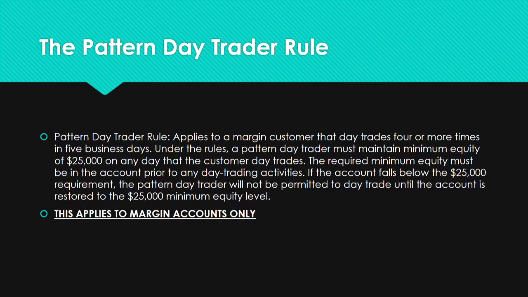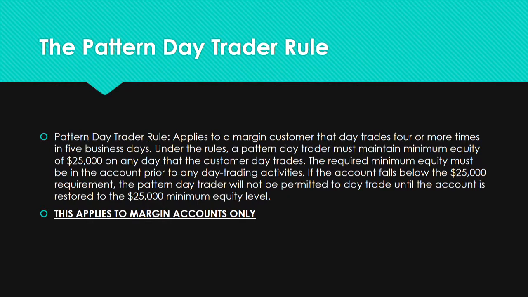And now let's talk about the pattern day trader rule. The PDT rule is what everyone calls it. This applies to a margin customer that day trades 4 or more times in 5 business days. Under the rules, a pattern day trader must maintain minimum equity of $25,000 on any day that the customer day trades.